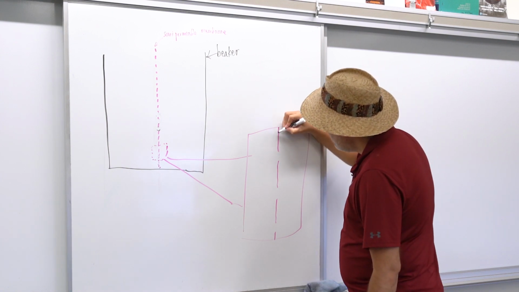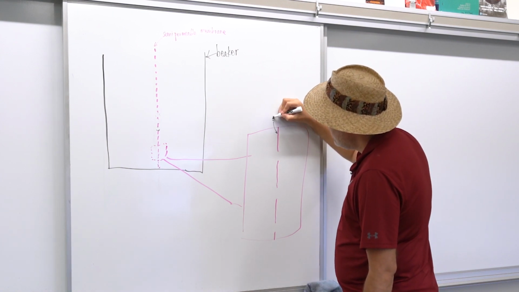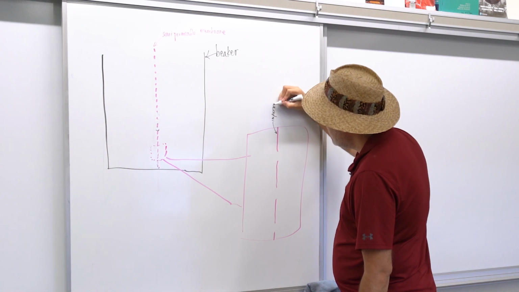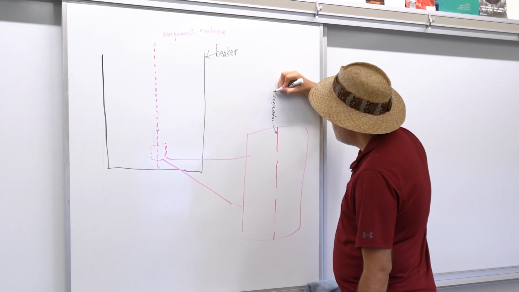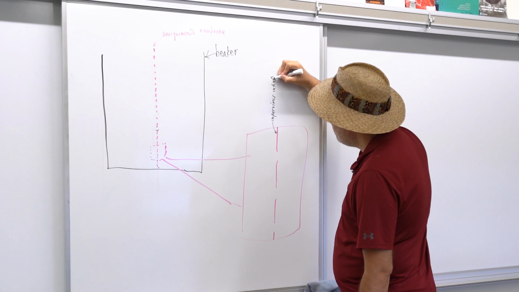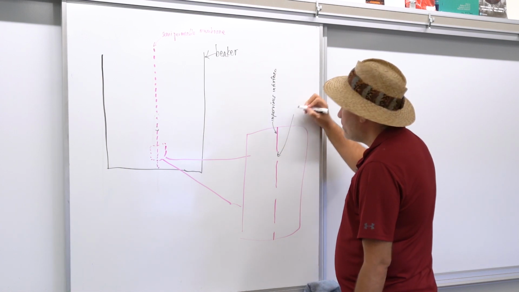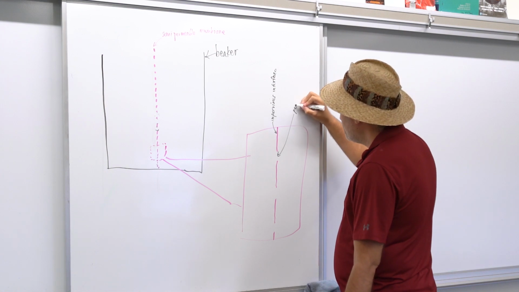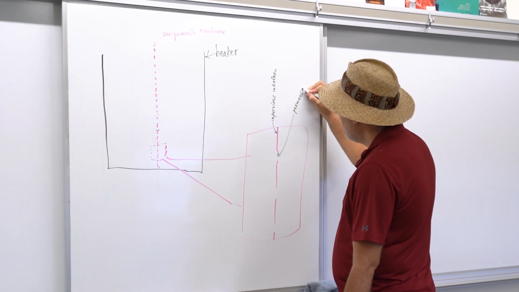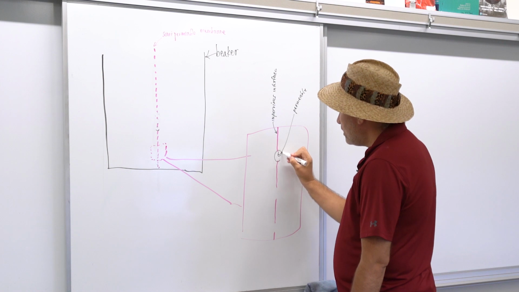So we have the impervious interface right here. This is an interface, impervious membrane interface. And then where this is open, this is pervious or permeable. This has a size.